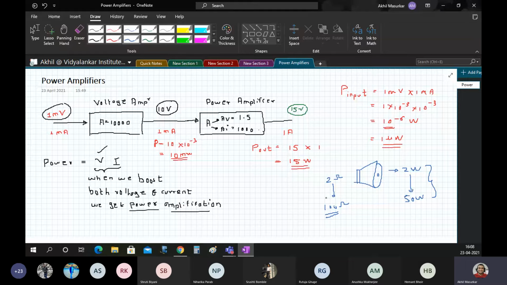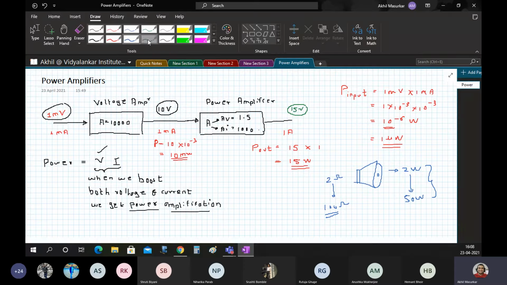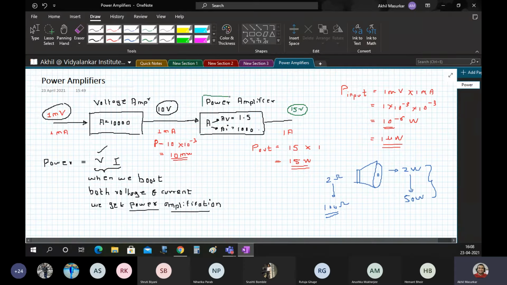So voltage got boosted in the first stage and current got boosted in the second stage. This second stage is basically our topic of interest, because voltage amplifiers we have seen through many other chapters. This only focuses on how to boost the current.